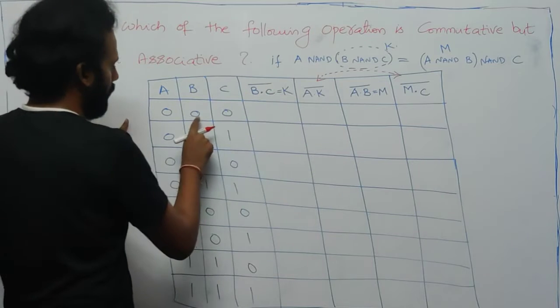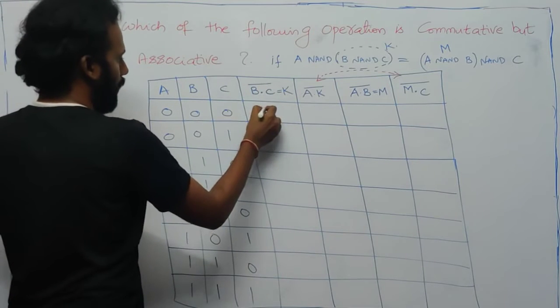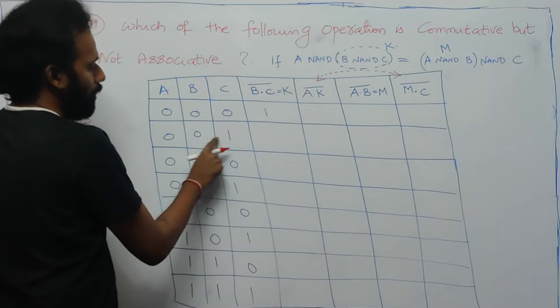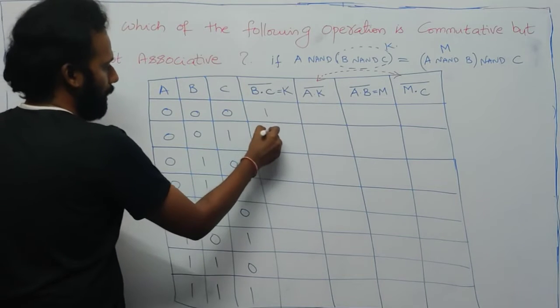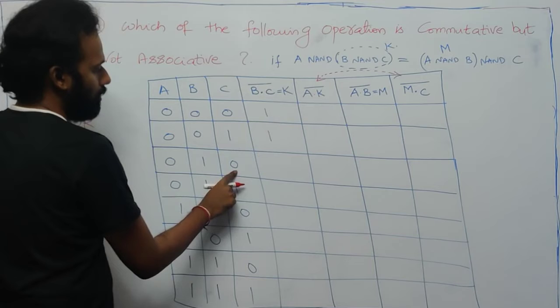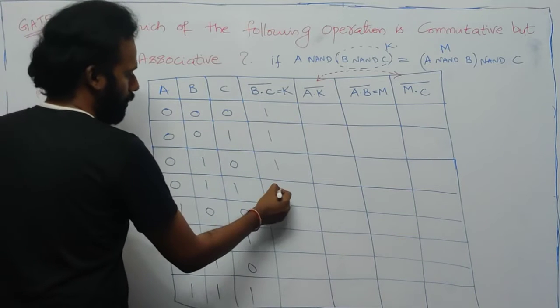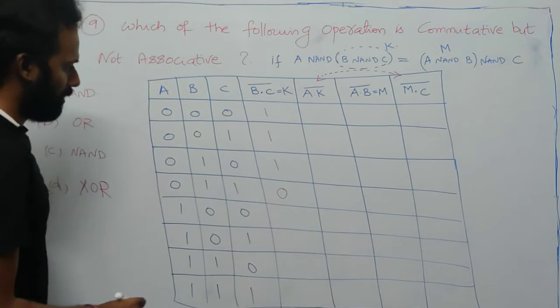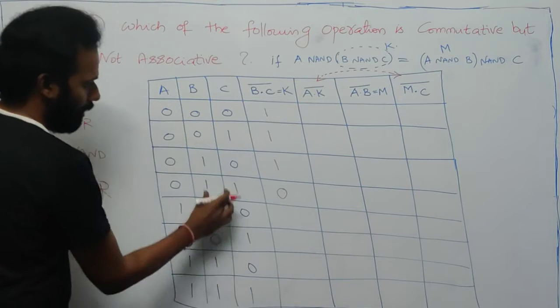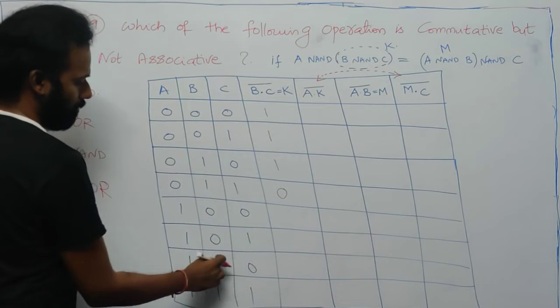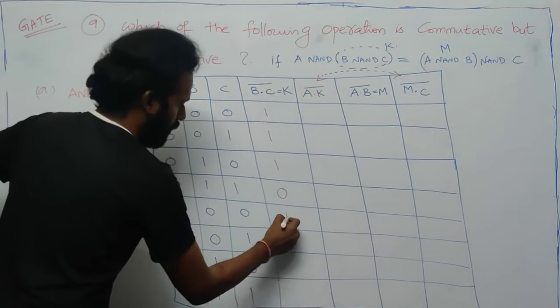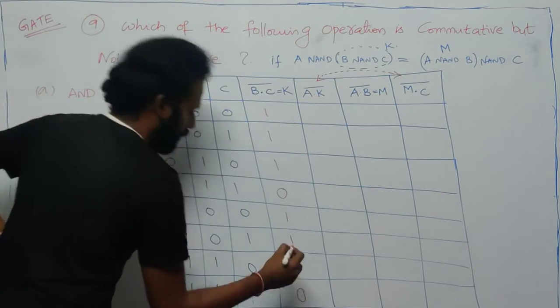So what is the first thing that you need? B dot C complement. 0 and 0 is 0, complement 1. 0 and 1 is 0, complement 1. 1 and 0 is 0, complement 1. 1 and 1 is 1, complement 0. Next, the same thing is repeating, so I just copy paste this: 1, 1, 1, 0.